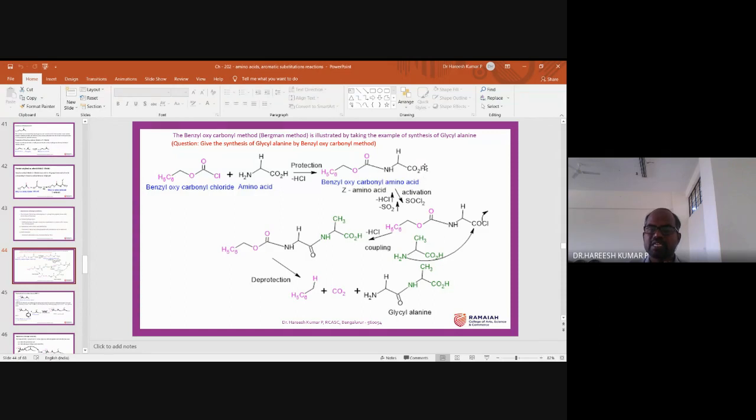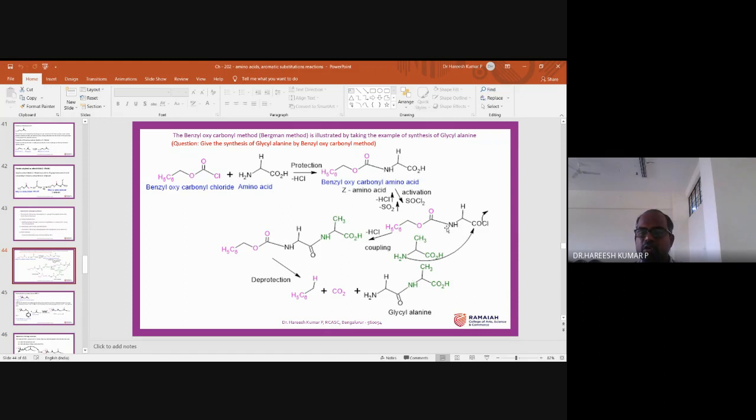The H present here goes with one of the Cl, and one more oxygen and this S will go out as SO2, and another Cl will form a bond with this carbon. That is how the acid chloride is obtained.